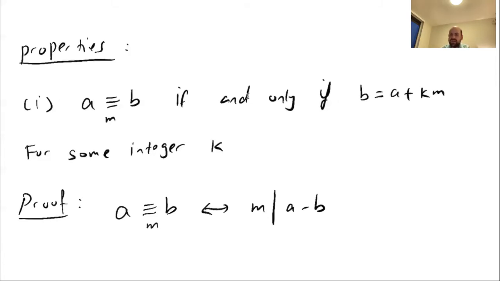So when can I say that M divides A minus B? If A minus B is equal to, let's say, Km for some integer K. And then this is same as saying that A is equal to B plus Km.